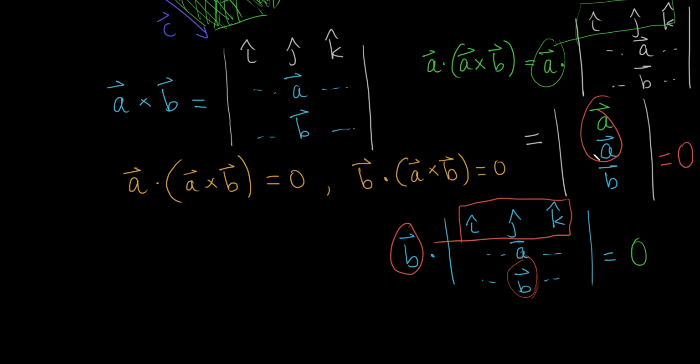And whenever we have a determinant of two equal vectors, it is always going to describe a shape with zero volume. So the determinant will equal 0, so the dot products will equal 0, which will tell us that that fundamental geometric intuition that we started with, that a cross b should be orthogonal to a and b, is going to be true.